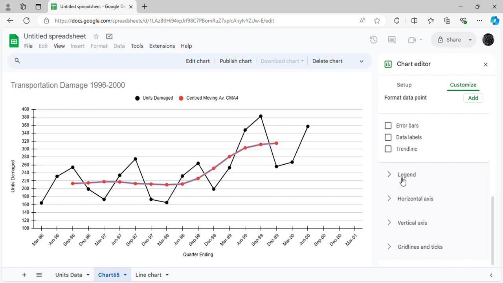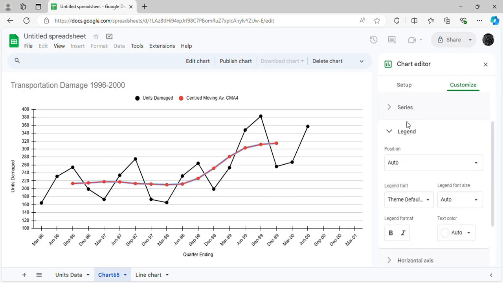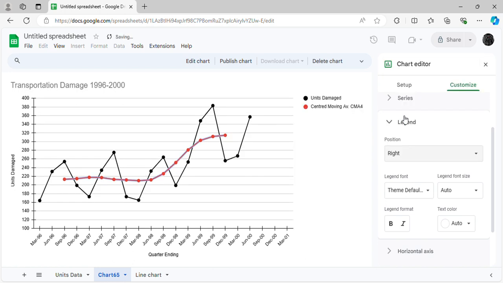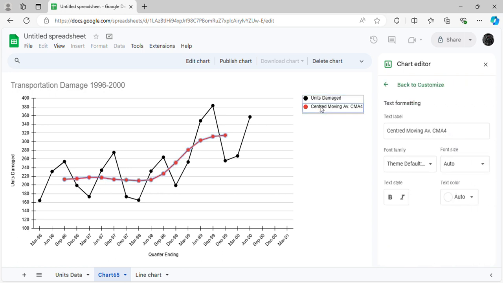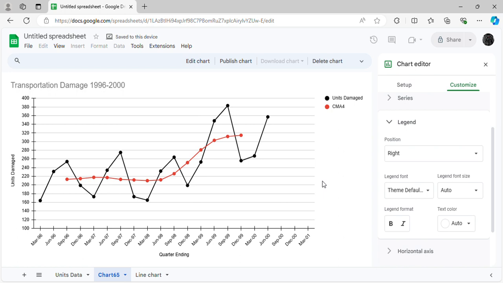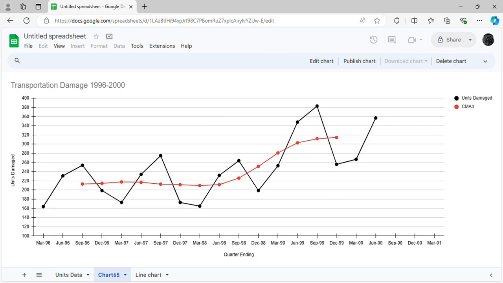So click on legend, and for the position, check right, and units damaged, and for the centered moving average, CMA 4.